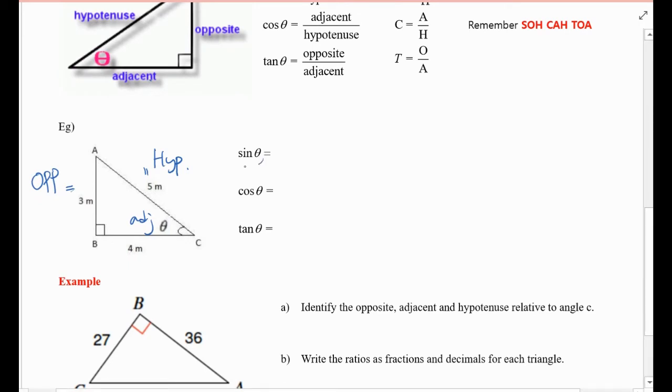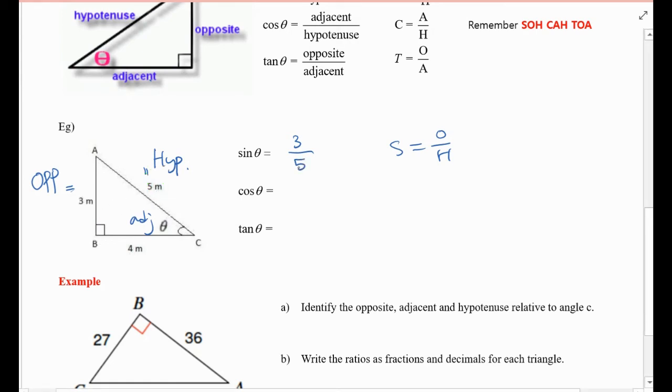Okay, sine theta. Sine theta is, everyone, SOHCAHTOA. So S is O over H, opposite over hypotenuse. We have opposite, which is 3 meters, and hypotenuse, which is 5 meters. So that will be 3 over 5.